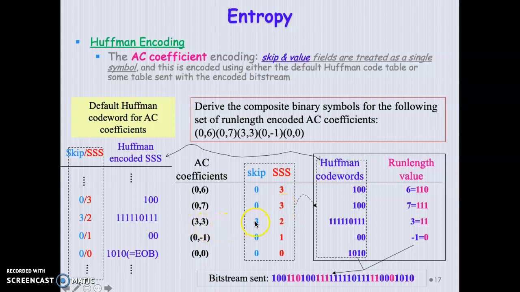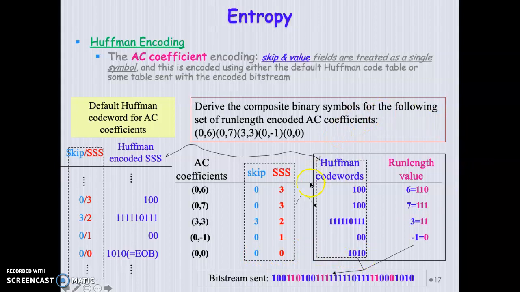For 3 0, the skip is 3, meaning there are 3 zeros, and the number of bits is 2. For this combination of skip and SS, you will get the Huffman code. 0 3 is 100, 3 2 is this, 0 1 is 00, and 0 0 is 1010.